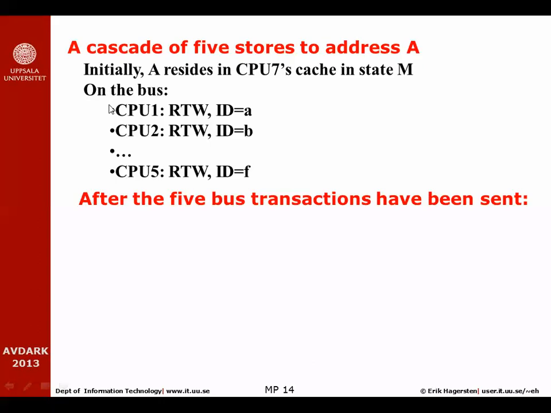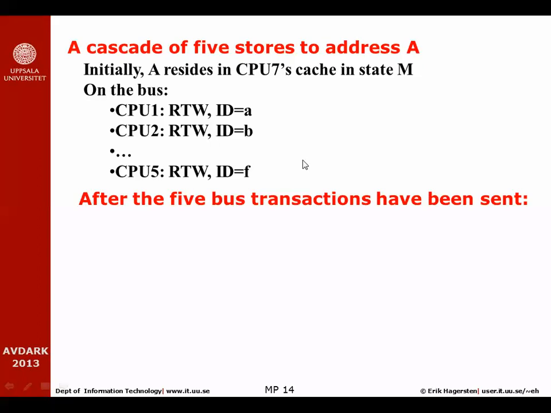First, CPU 1 wants to store, and so it will send a read-to-write request on the bus with a unique identifier A. Then CPU 2 wants to store, sending out the read-to-write request back to back on the address bus with its unique identifier B. CPU 3 wants to store, unique identifier C, and so on, down to CPU 5 with its unique identifier F.